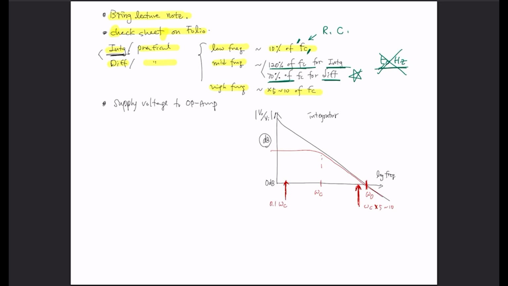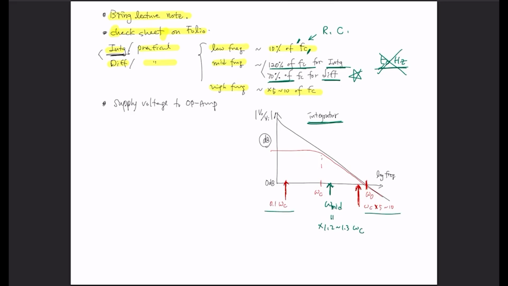Okay, so for example, again, for an integrator, you would like to use a frequency about here for your mid, that is slightly above, maybe 1.2, 1.3 times your omega C, and then the high frequency, and this is going to be your low frequency.